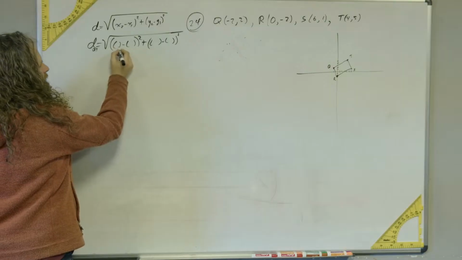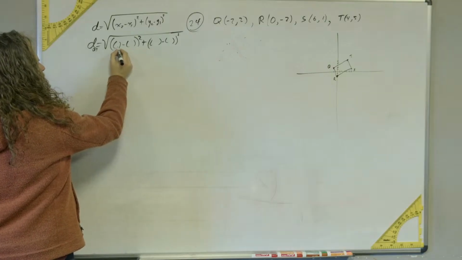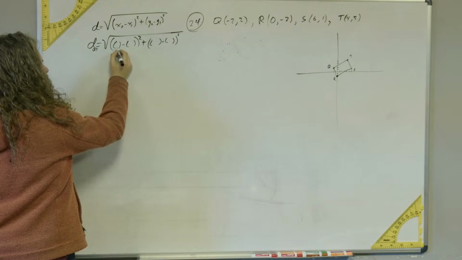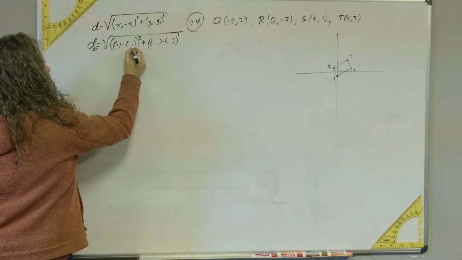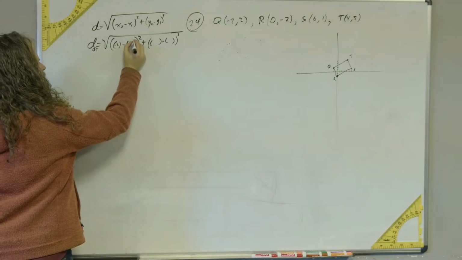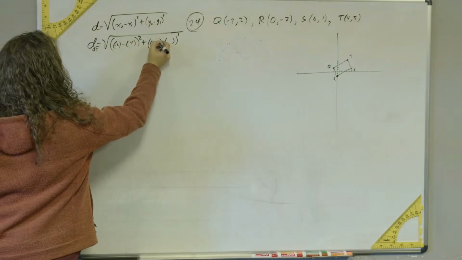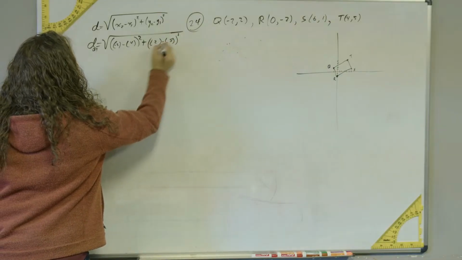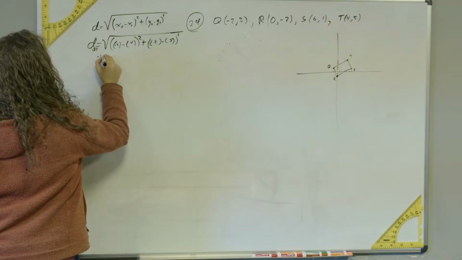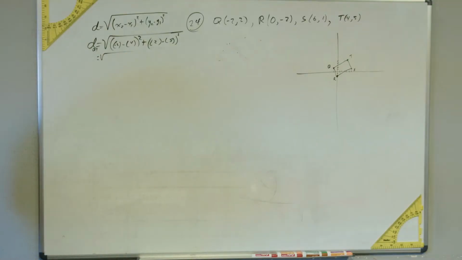What are we going to put right here? Okay. What about this one? 4. And what about this one? 2 and 5. So -2 minus 4 is, signs are the same, -6.